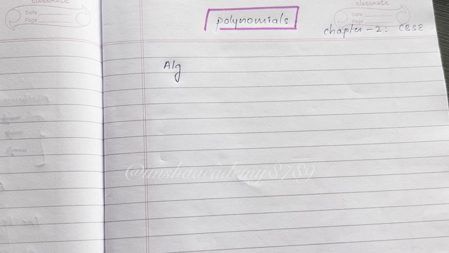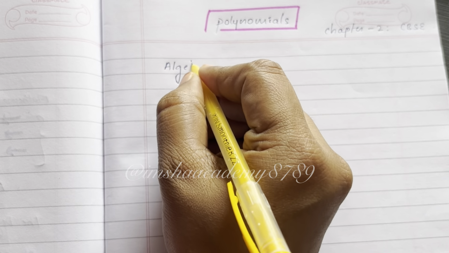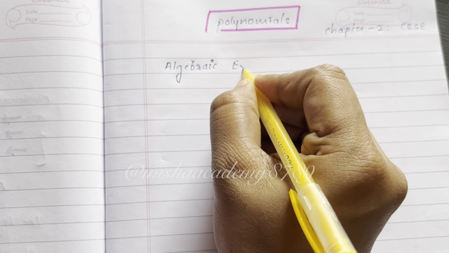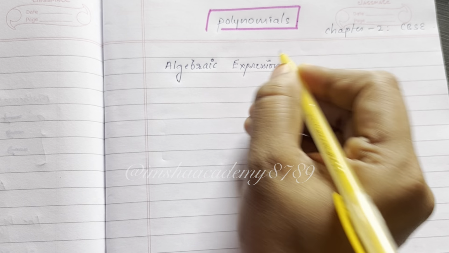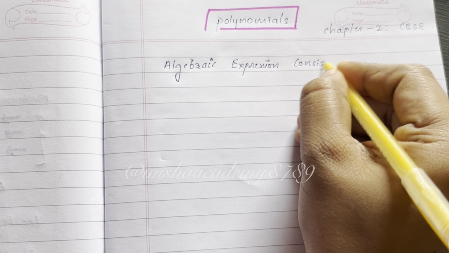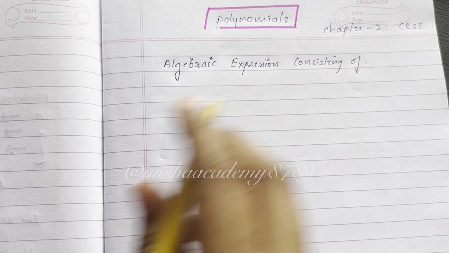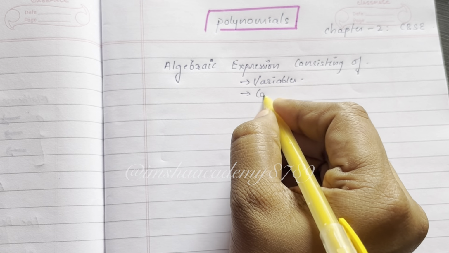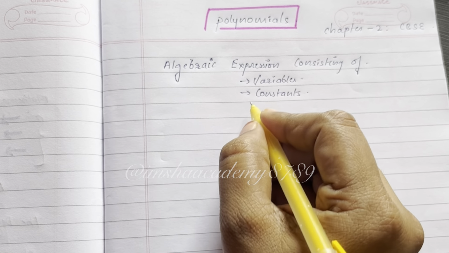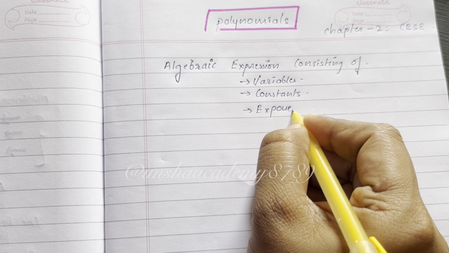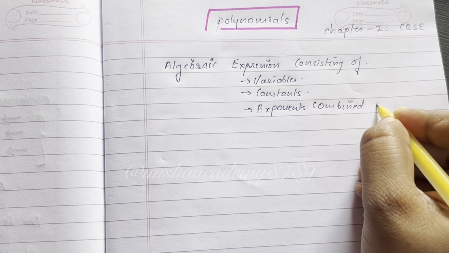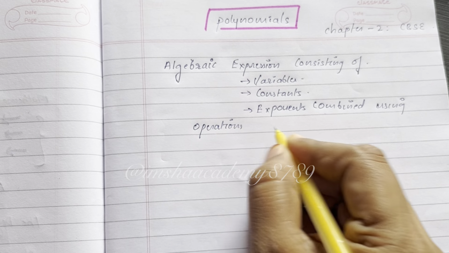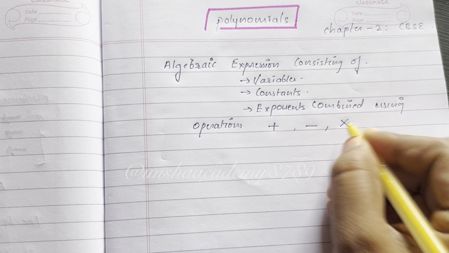So, what are polynomials? A polynomial is an algebraic expression consisting of variables, constants, and exponents combined using operations such as addition, subtraction, and multiplication.